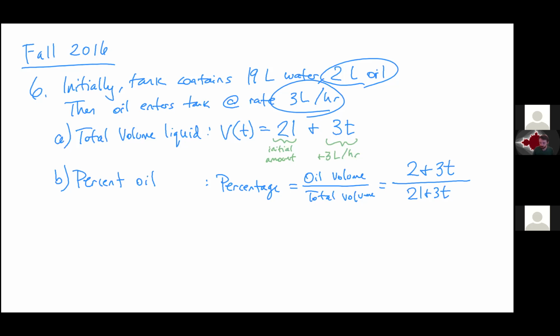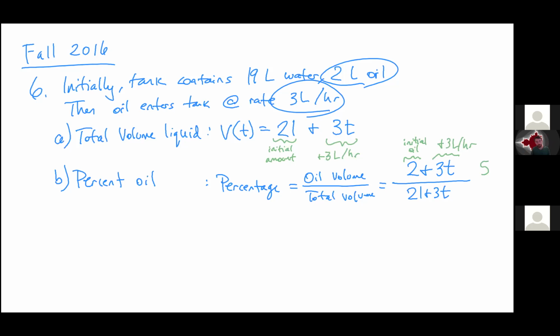So the thought process here should be, this is initial oil. And again, plus 3 liters per hour. And feel free to always plug in a value of T and see if it agrees with your intuition that, okay, if I plug in T equals 1, for example, I would get 5 up here.